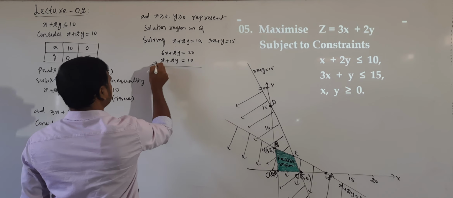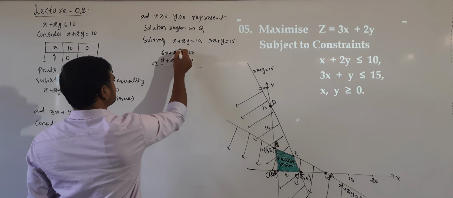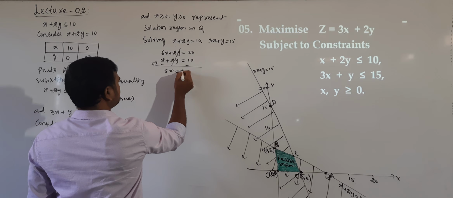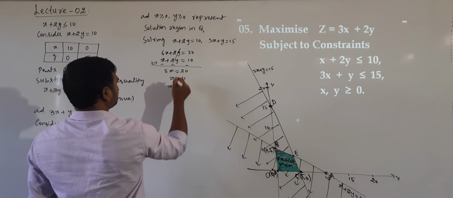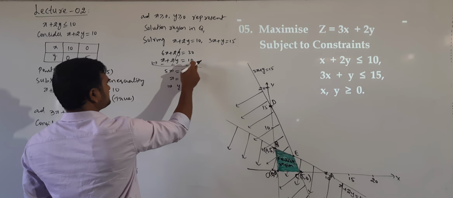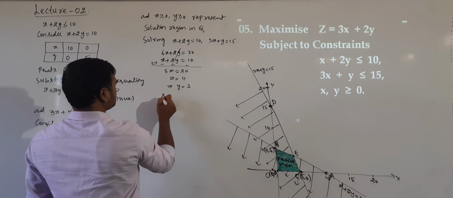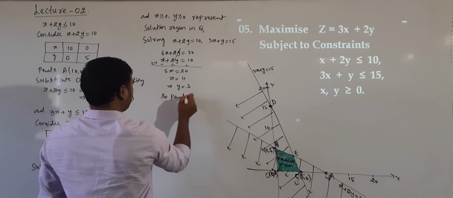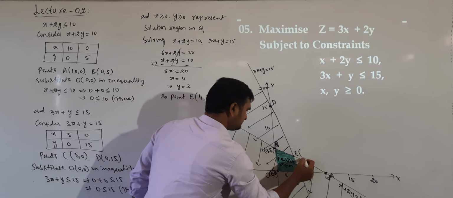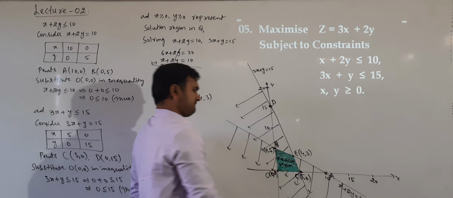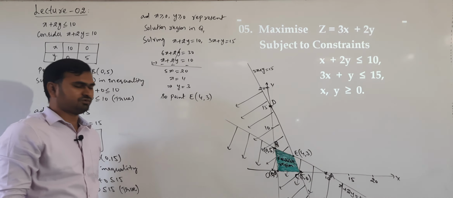Let us subtract, so signs change. 5x is 20, x is 4. When x is 4, y value is 3. So what is the point E? It is 4, 3. Required point E is 4, 3.